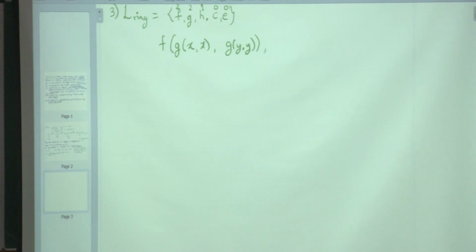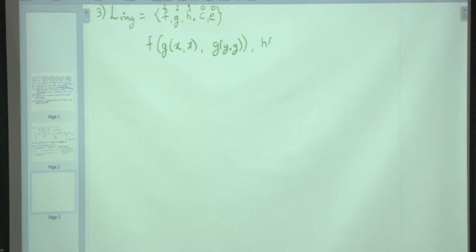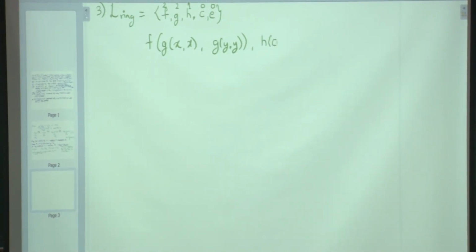Then H of C is a term, and F of that is also a term, and this is a term, and 0 and E is a term, and equal to is a formula.